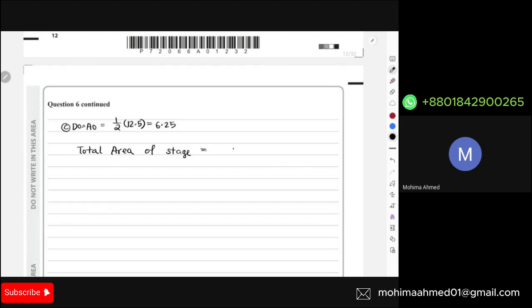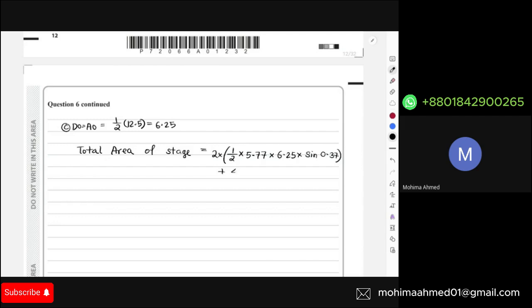So for one triangle, I will be doing 1 by 2, 5.77 multiplied with 6.25 multiplied with sine 0.37. This will be multiplied with 2 because a similar triangle was present 2 times.